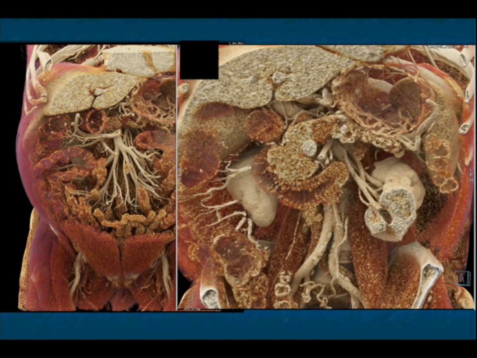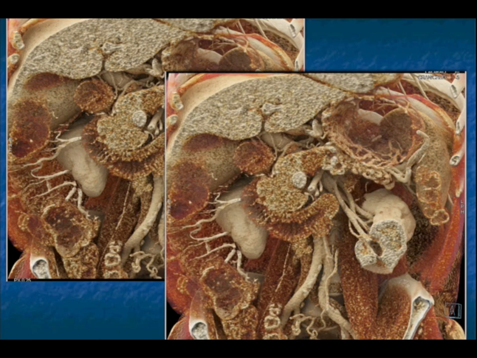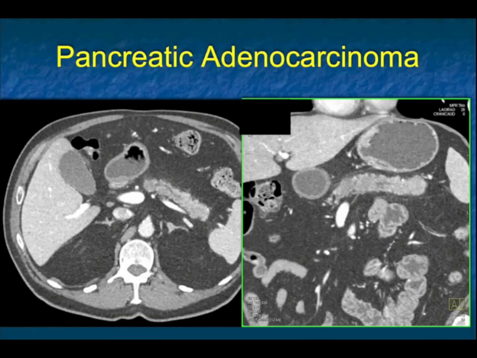Just very nicely shown in this example. Here's a couple more images. You can see the coronal views very nicely showing you the tumor. And again, cinematic rendering is proving very valuable in defining these findings.